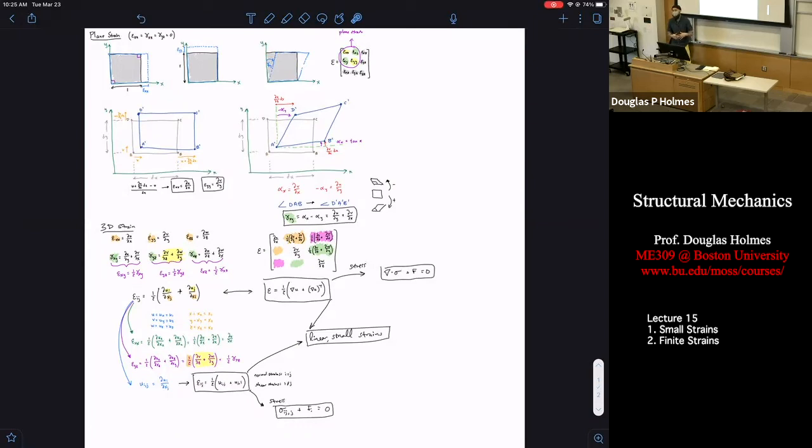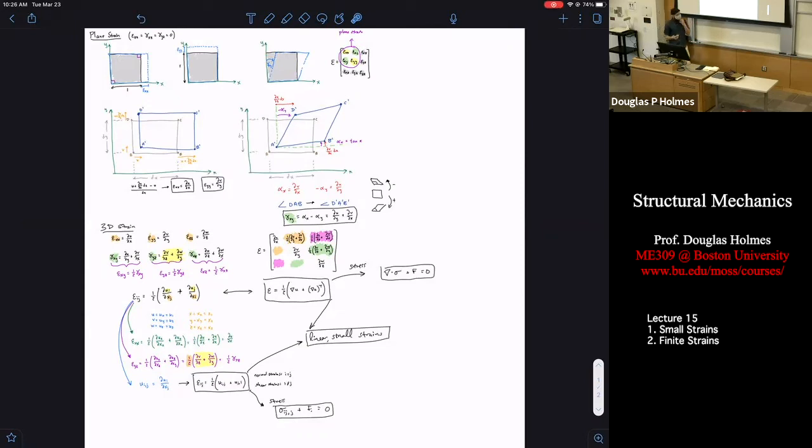You will certainly hear about the deformation gradient and Euler-Lagrange or Green-Lagrange strain tensors. And you will certainly see it written not in terms of derivatives of displacement, but maybe in terms of the deformation gradient. I don't want you to be like, what on earth is that? It doesn't look like anything Professor Holmes said.